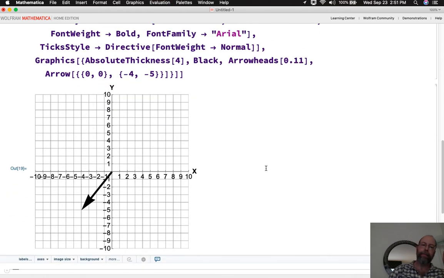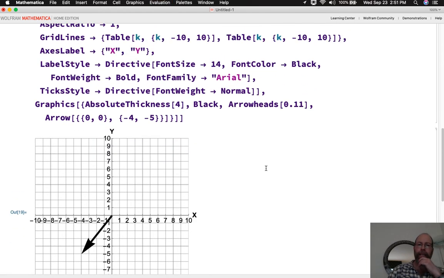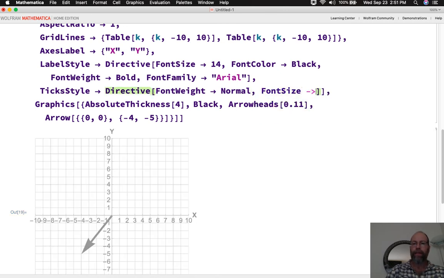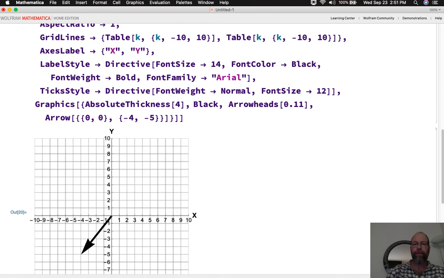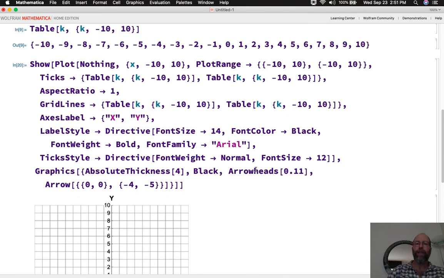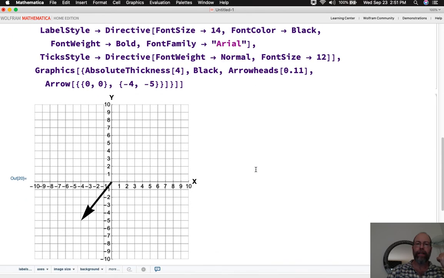And that looks a little bit better. And actually, we could also do font size, make it smaller. How about 12? Yeah, that definitely looks a little bit better. So there are different things you can do. You can adjust your graph in a lot of different ways, right?